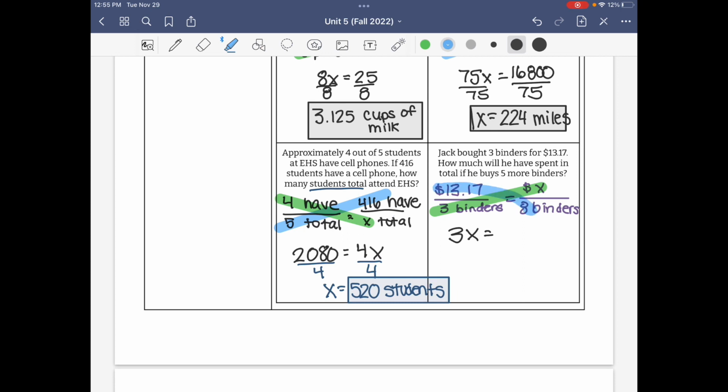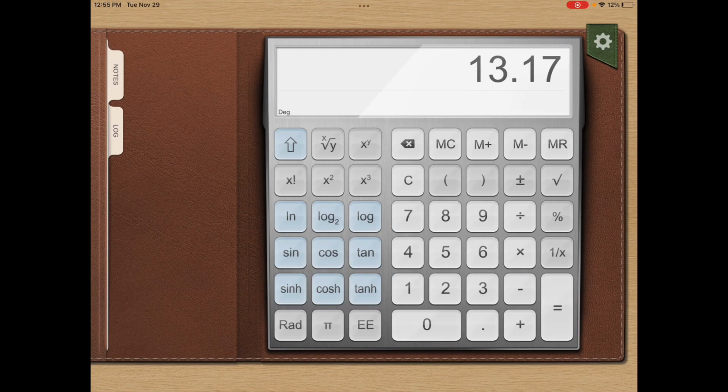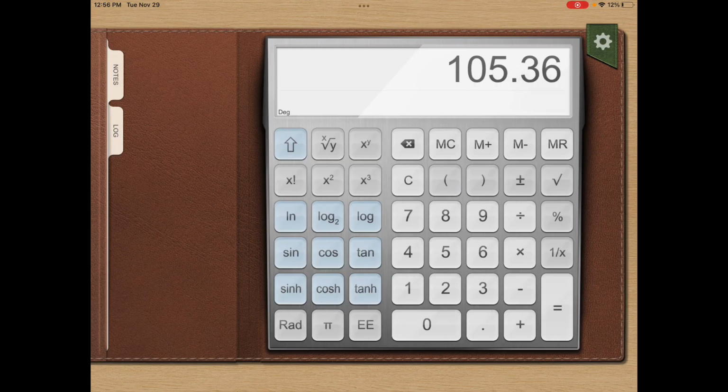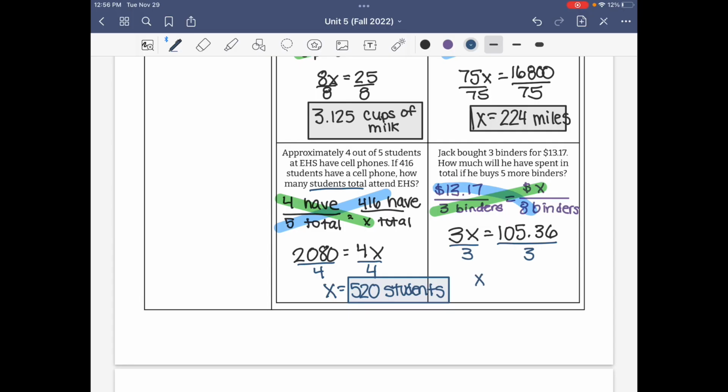I don't know what 1317 times 8 is. 1317 times 8, and then to get x completely by itself, we divide by 3 on both sides. 105.36 divided by 3. $35.12 what? Dollars. And if you set it up correctly, you can always look right back up here to see, oh, we put a dollar sign next to x, so it must be in dollars.